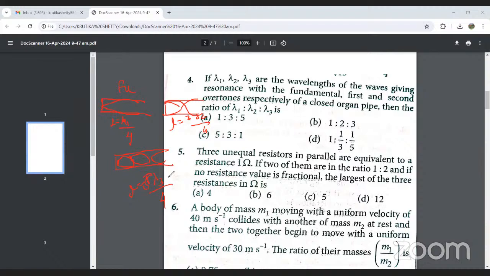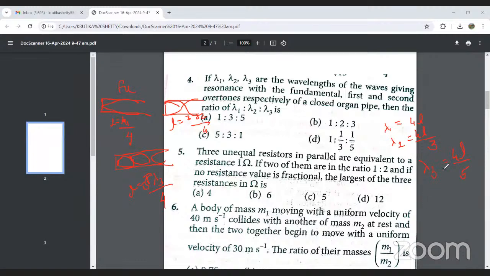So everywhere it is L is equal to. So we can convert all these equations in terms of lambda. Lambda 1 will be 4L. Lambda 2 will be 4L divided by 3. What about the lambda 3? Lambda 3 will be 4L divided by 5.